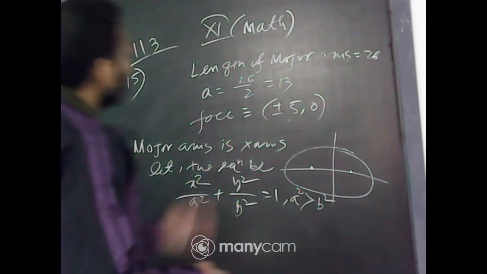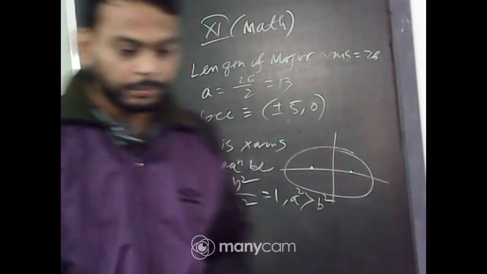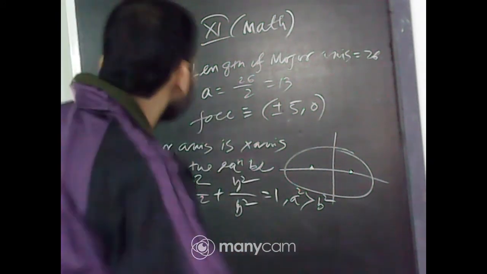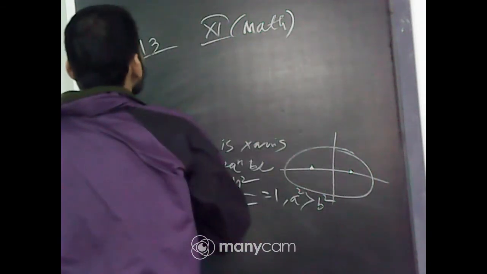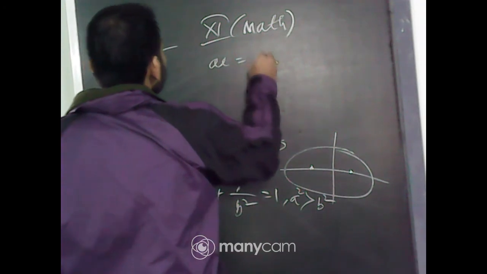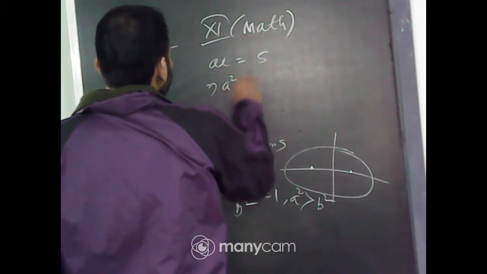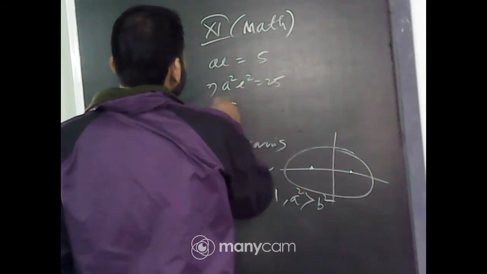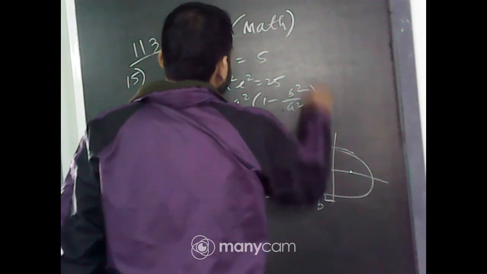Foci, in plural, are plus minus ae comma 0, and b is 12. I am doing the calculation here. So ae equals 5, a square into 1 minus b square by a square is 25.